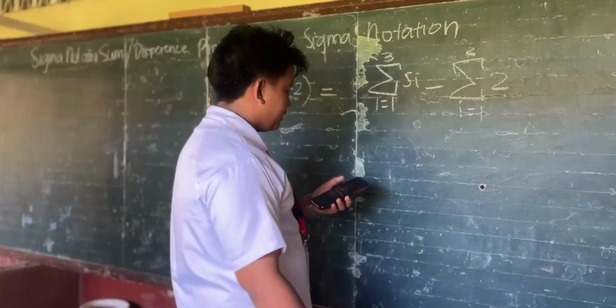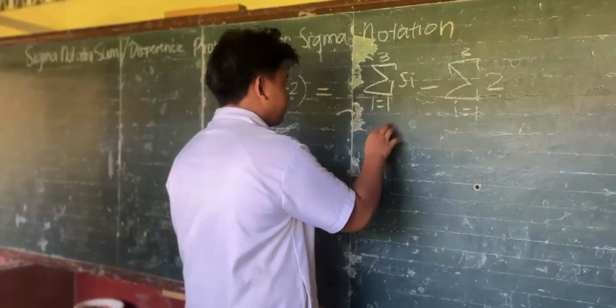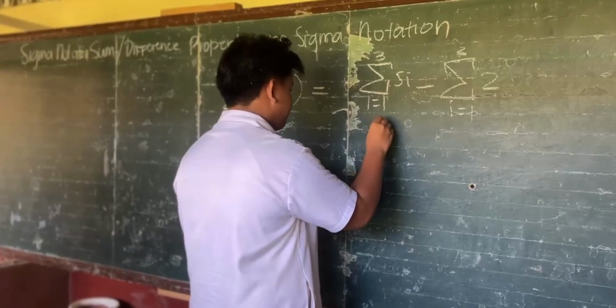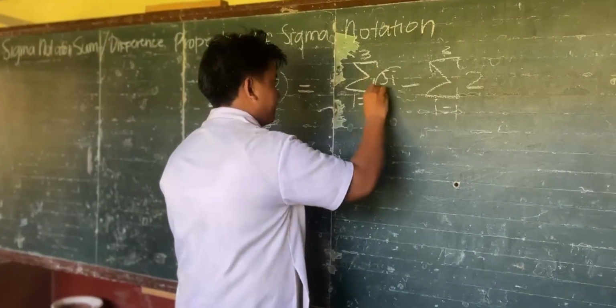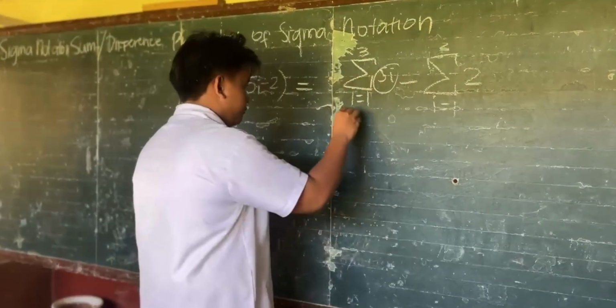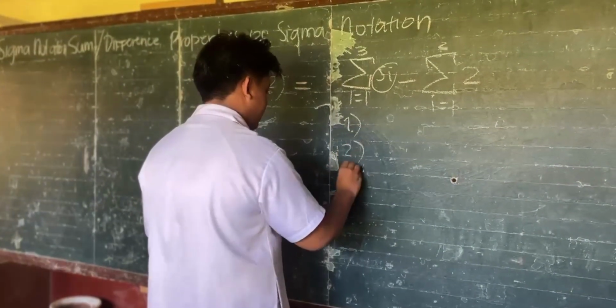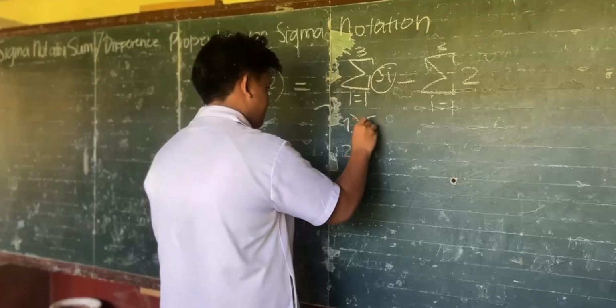So the term in this sequence is 5i, for i equals 1, 2, and 3.